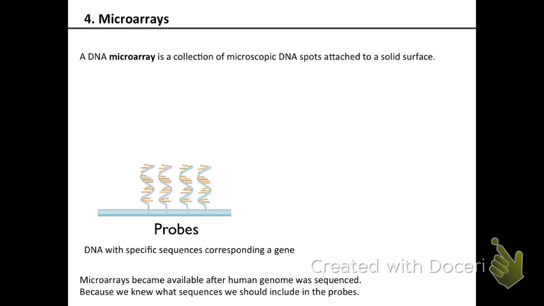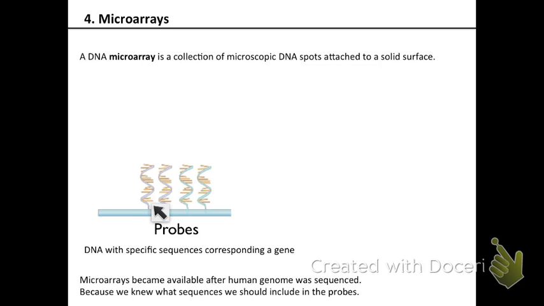All right. Microarrays have exactly the same principle as a northern blot or in situ. It depends on the complementarity of a given probe and how much it can hybridize to your sample. So a DNA microarray is a collection of microscopic DNA spots attached to a solid surface. Here's a cartoon version of this, coming right out of, is it in your textbook? I don't remember. Anyway, it's a glass slide, and this glass slide has what we call probes. These probes are short DNA molecules.